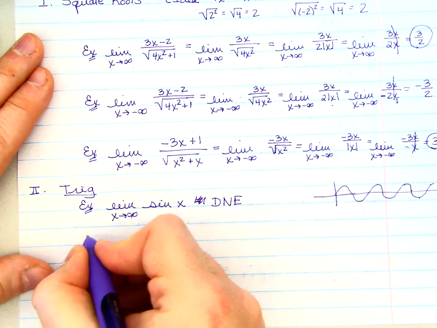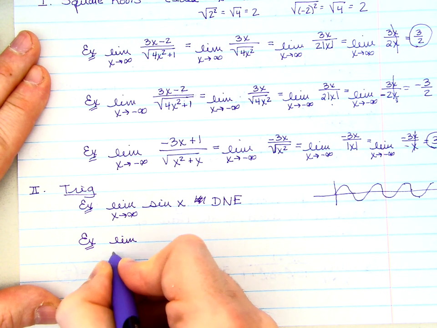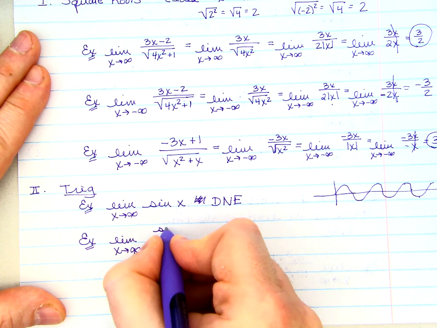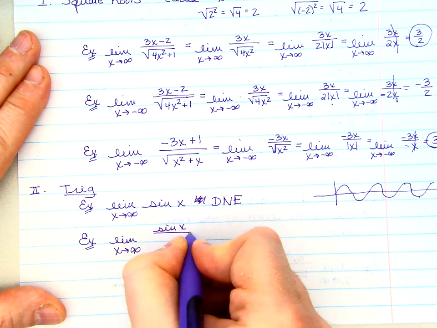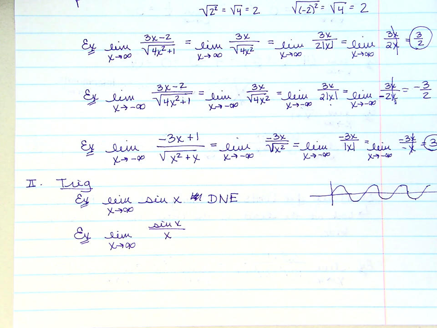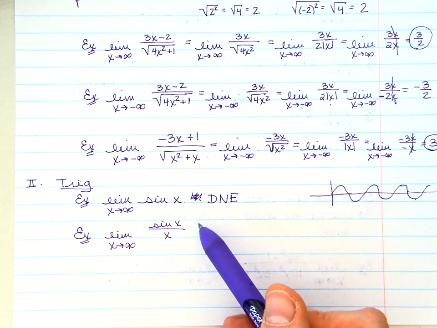However, let's look at this one. Let's do the limit as x approaches infinity of the sine of x over x. So the top doesn't really exist because we're bouncing between -1 and +1 and everything in between.